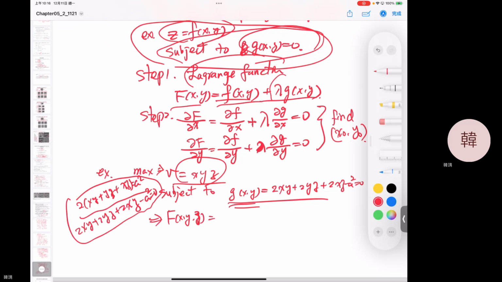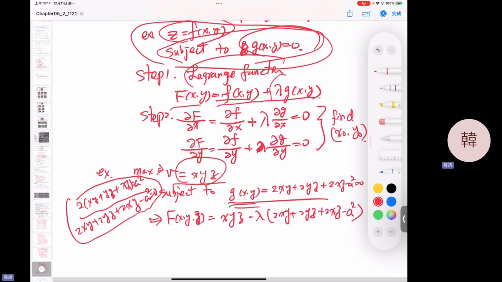You can add the positive Lagrange coefficient or the negative, either way, but for easier representation in our result, we use this Lagrange combination: xyz minus lambda times (2xy plus 2yz plus 2xz minus a squared). Actually, you can use plus lambda, it's okay, you can find the result later, but here minus lambda is easier to represent.